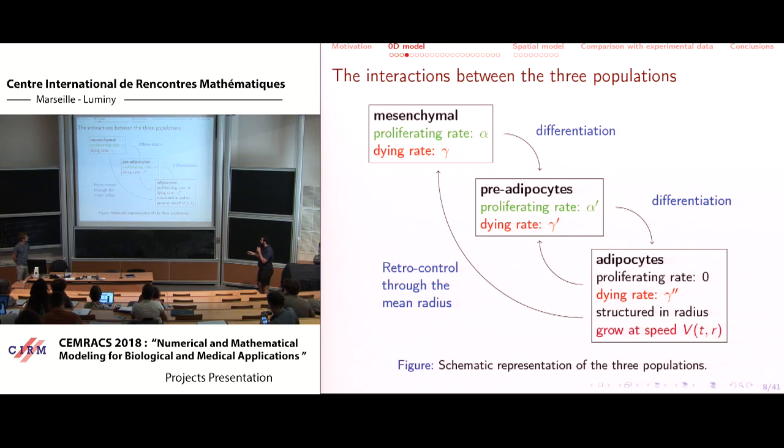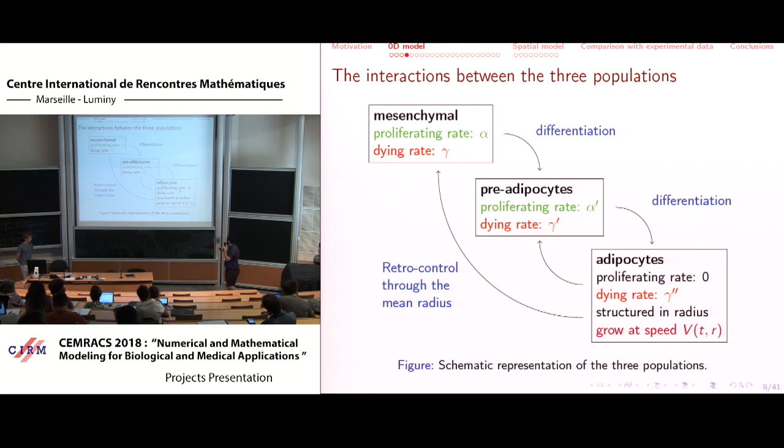These cells are roughly spheroidal of a certain radius, and the radius is constant in these two compartments. When pre-adipocytes differentiate into adipocytes, they appear at a certain radius, and then will grow as the lipid droplets come inside.